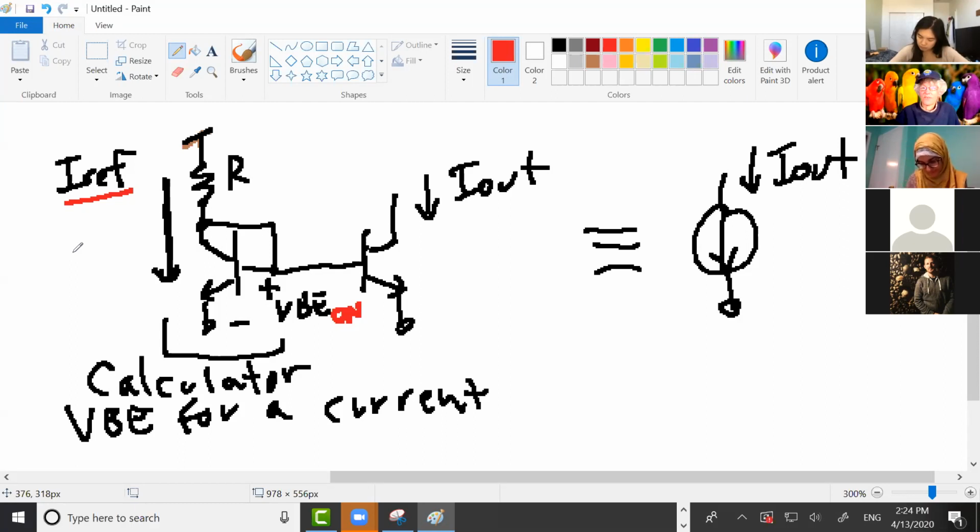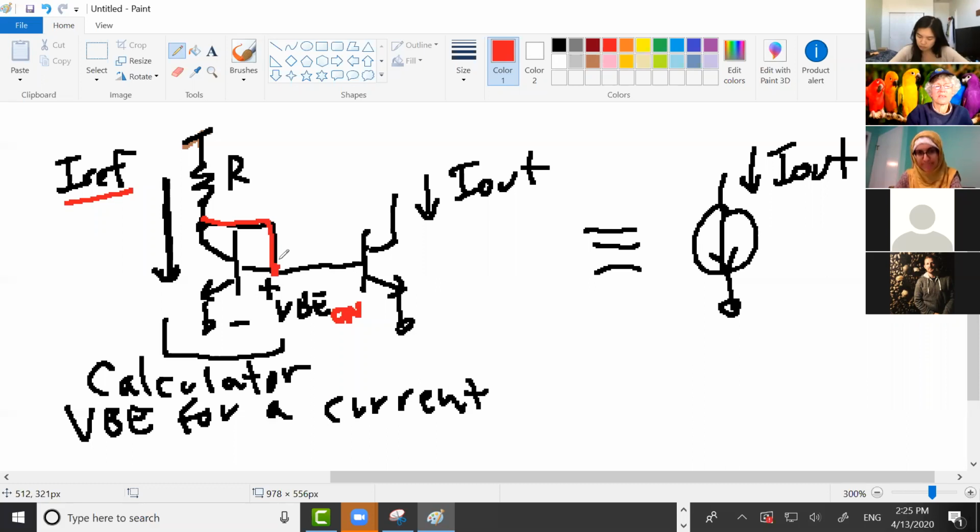Well, the voltage in the node after the resistor is connected to the base. So whatever your base voltage is, well, VDD minus I reference times R should be equal to the base voltage. Perfect, yeah.